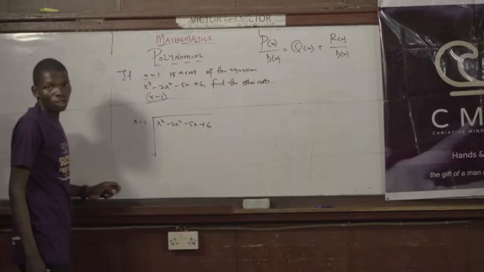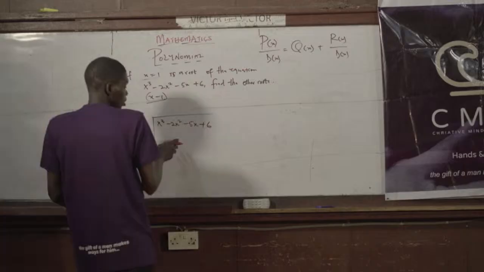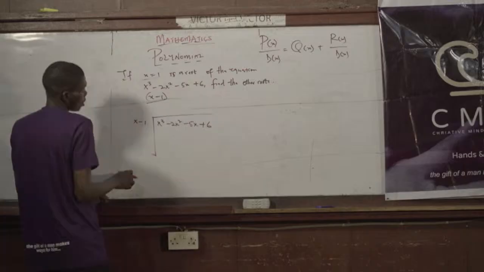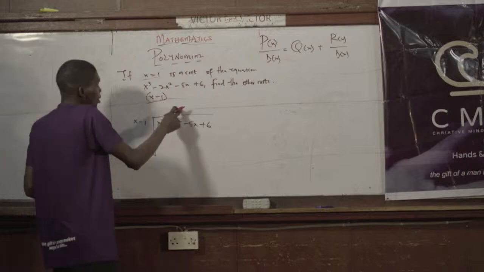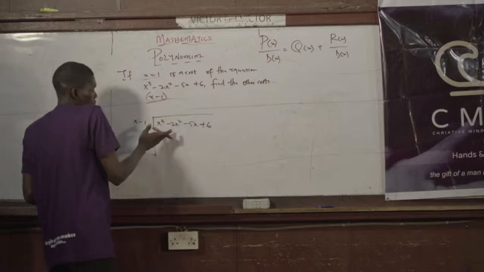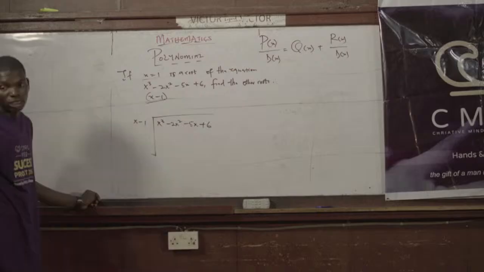So now we are going to turn this equation into that, then we see the remainder that we are going to get. I told you the quotient is the one that will fill this particular place, while we see how we can perform a long division now.